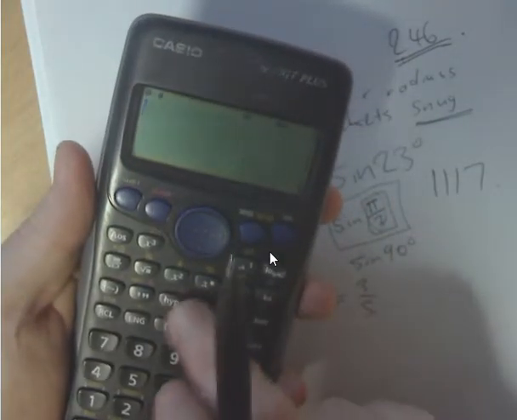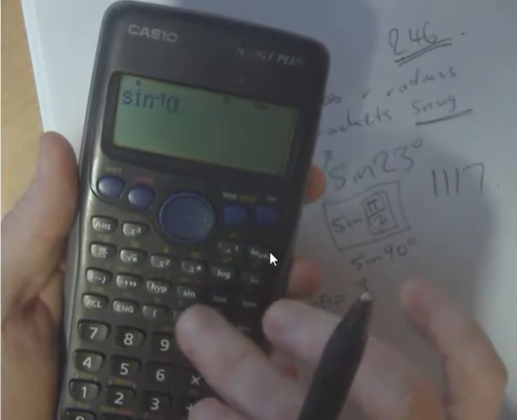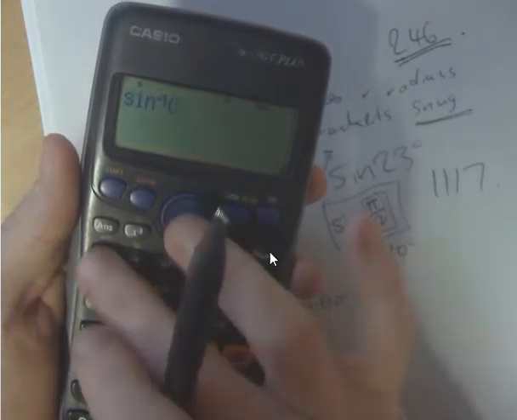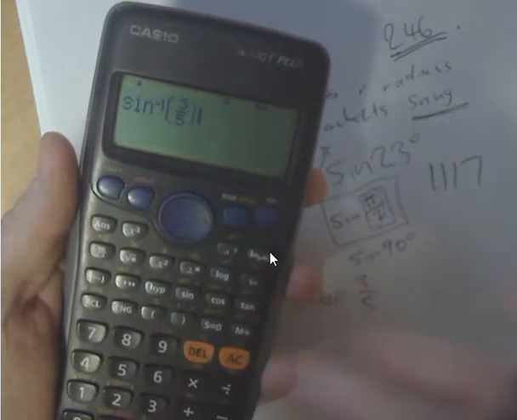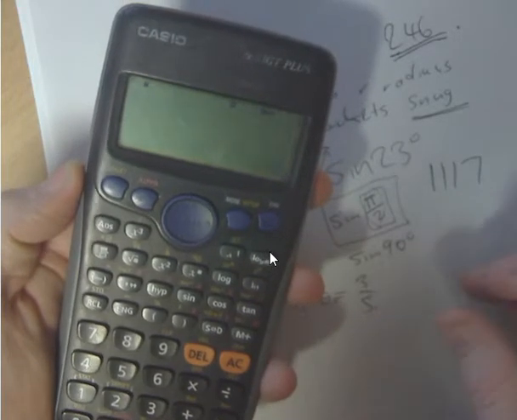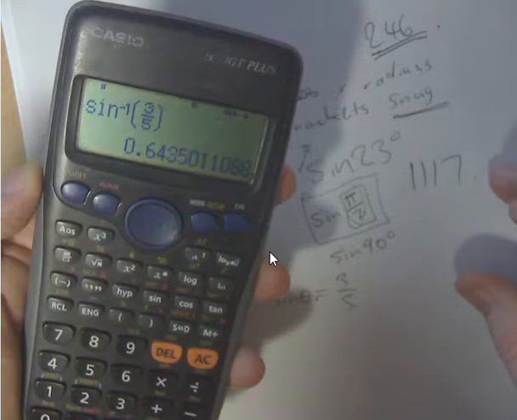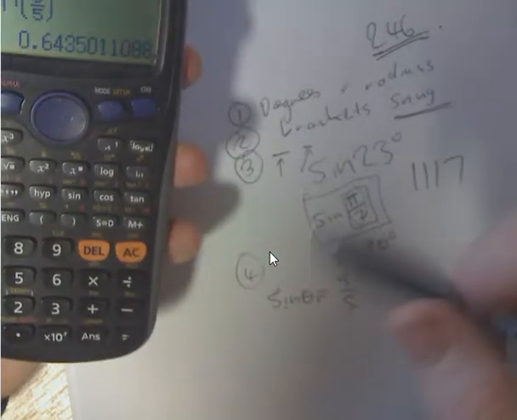So you go shift sine, and then you type 3 over 5, and then you're away. So that's the fourth thing, using the shift button, and remember the shift button you can use to kick in any of these yellow indications above the buttons rather than on the buttons.